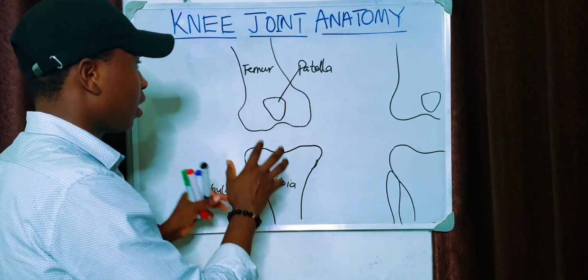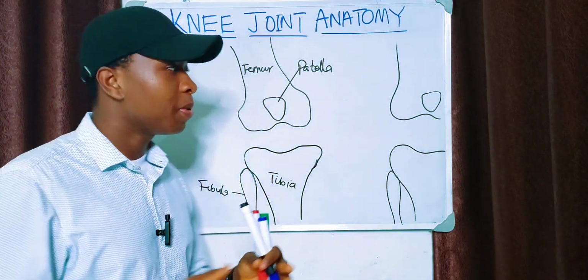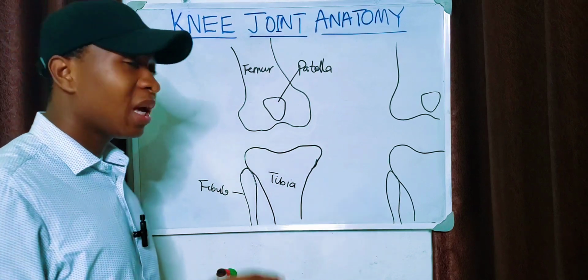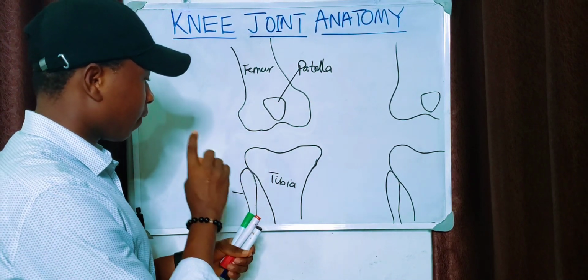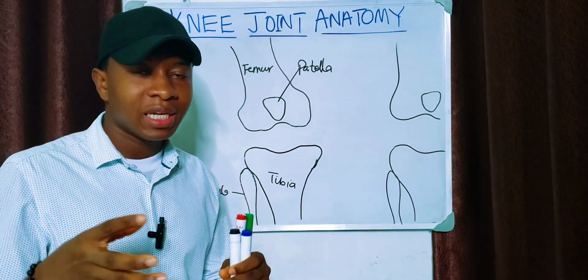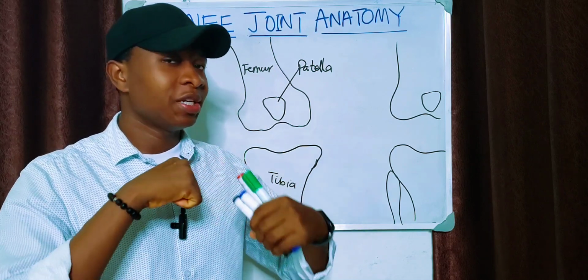Now, after looking at the bones, we're going to look at cartilage and ligaments that make up the knee joint. The first I'm going to talk about is the articular cartilage. Every bone has an articular cartilage. The articular cartilage just cushions the effects of the bones sliding against each other.